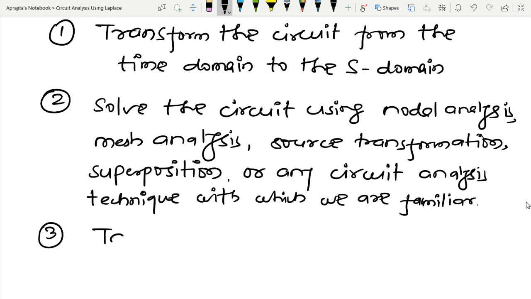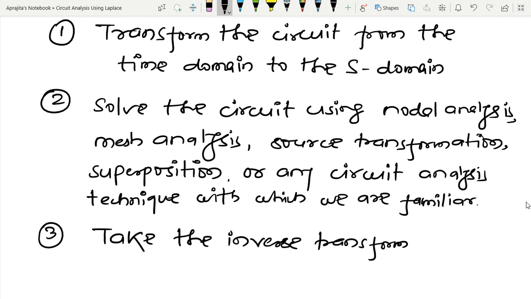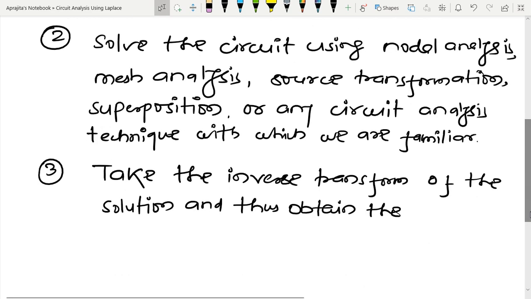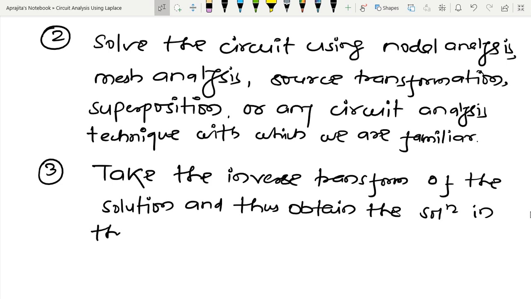That is, take the inverse transform of the solution and thus obtain the solution in the time domain. So finally I will come back to the original domain.